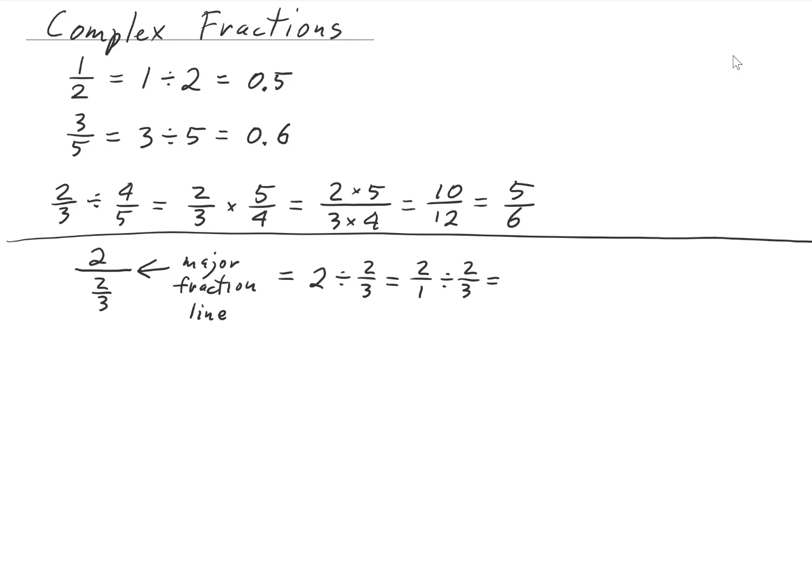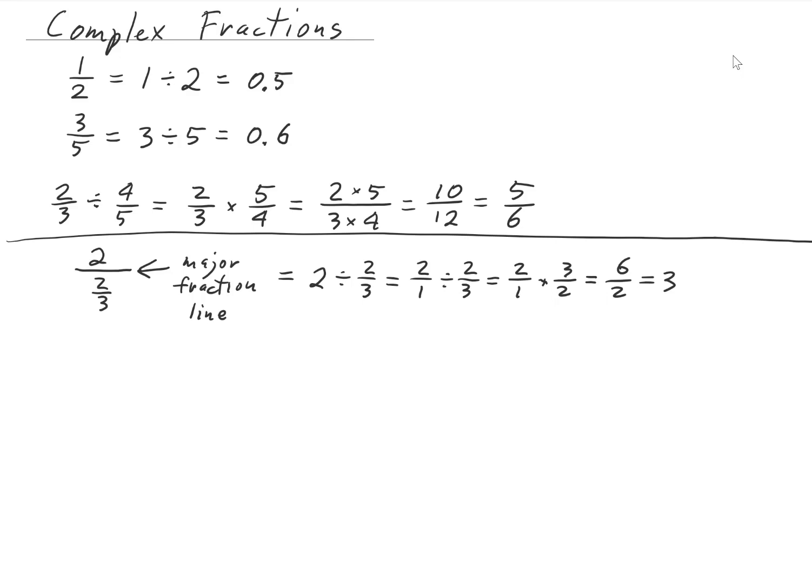And then, just like above, you change this into multiplication by keeping the first fraction the same and writing the reciprocal of the second fraction. And now you just multiply the top numbers, you get a 6. Multiply the bottom numbers, 1 times 2 is 2. So you get 6 over 2, which reduces to 3.